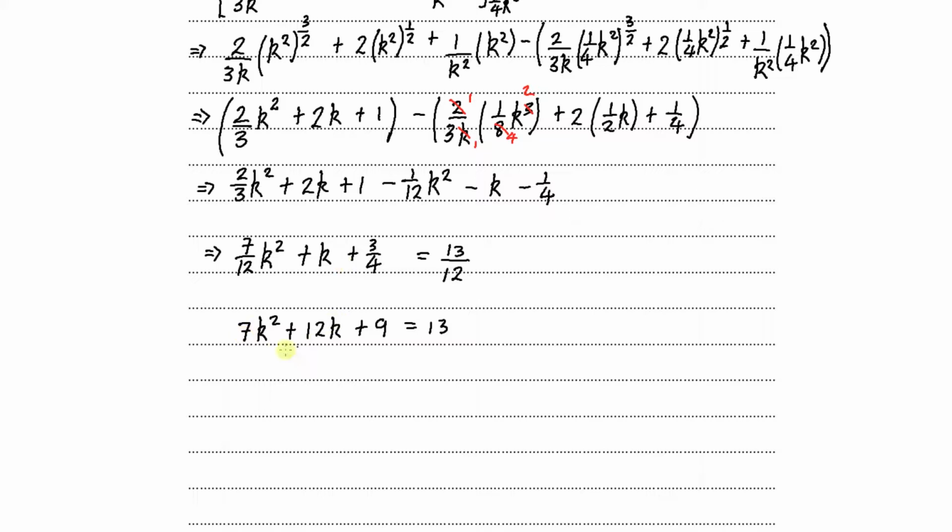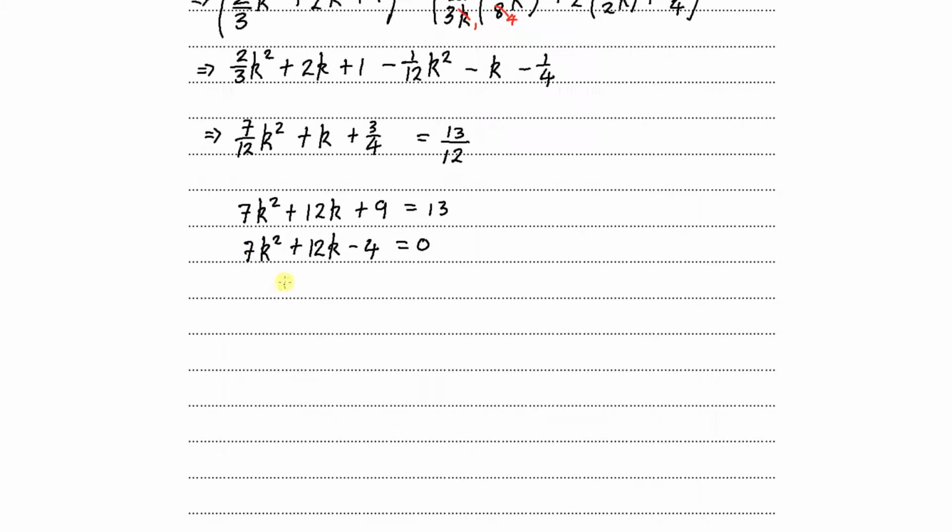If we take everything to one side, we'll be having 7k squared plus 12k, 9 minus 13 is minus 4, equal to 0. Okay, so we can now solve for k. So I will factorize. We have 7k here and k.